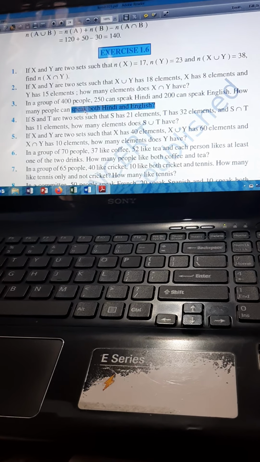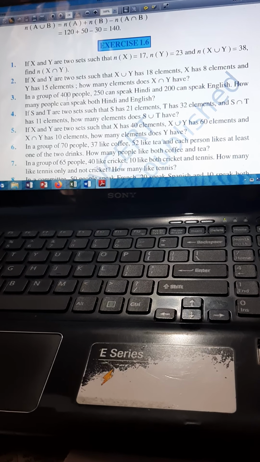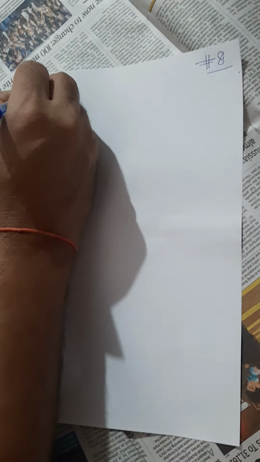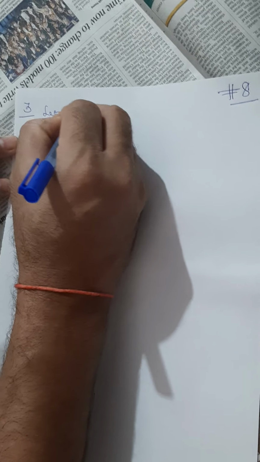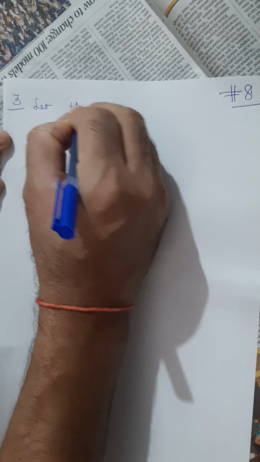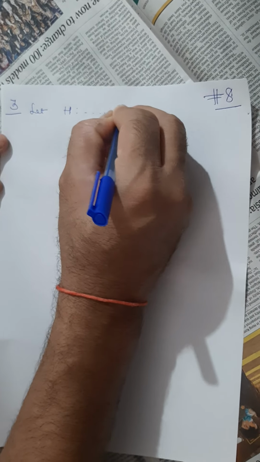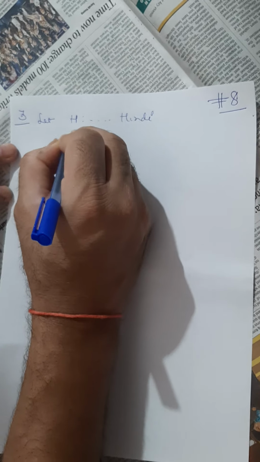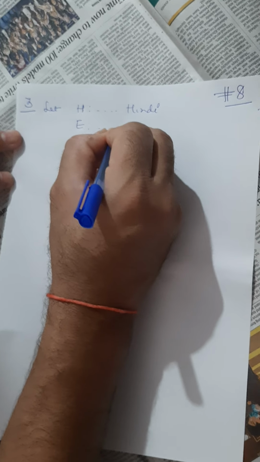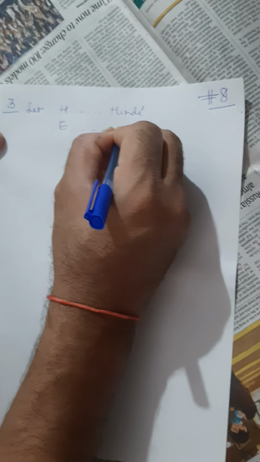So you are asked to find the number of elements in the intersection indirectly. So let's see this question. I'll take two sets. Let H be the number of people speaking Hindi and E be the number of people speaking English.